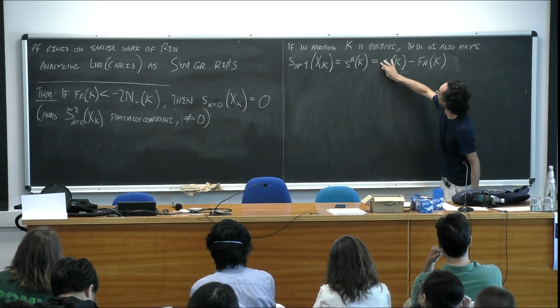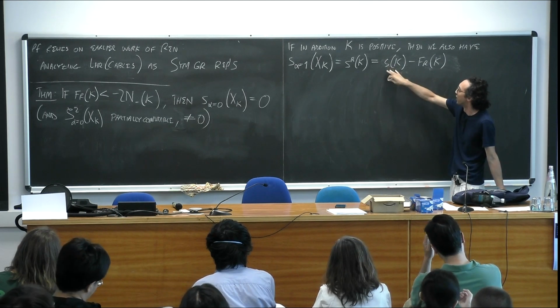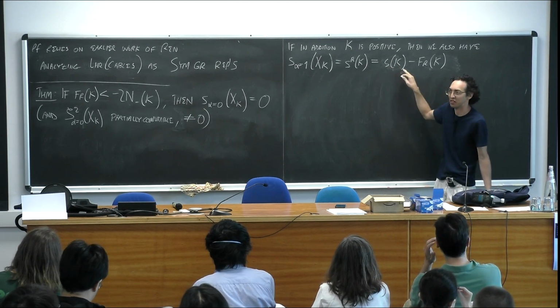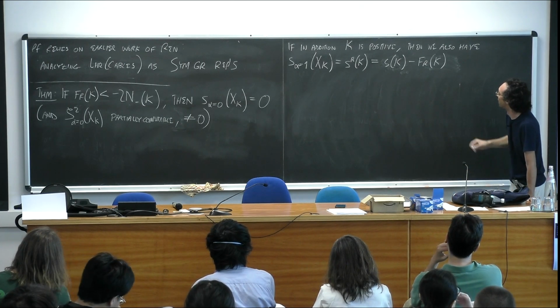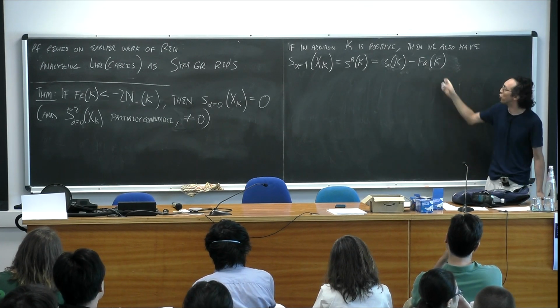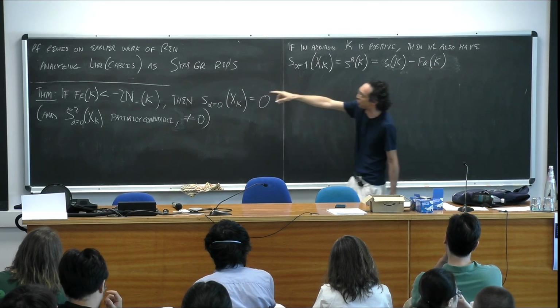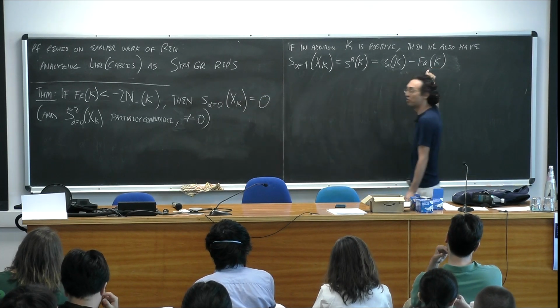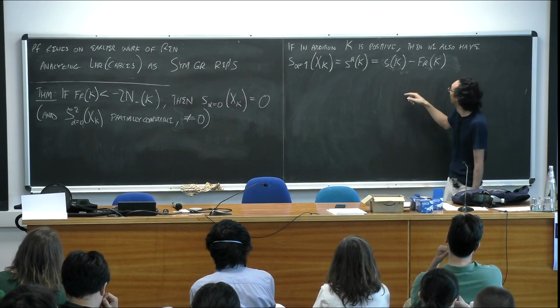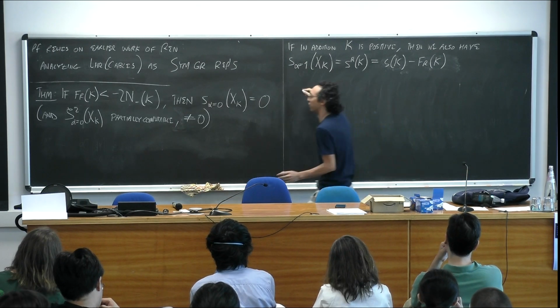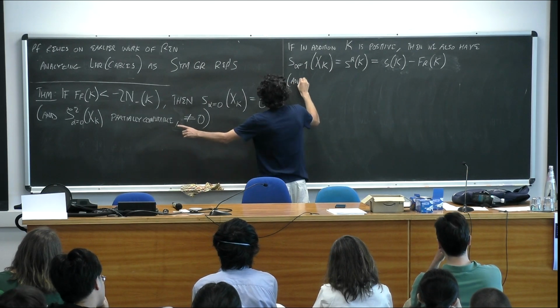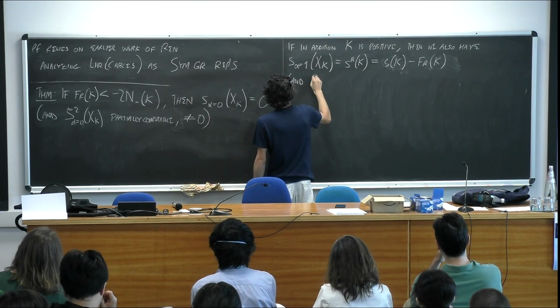If K was a link, this is minus S of minus K. And then there's always a shift by framing. But don't forget, you've assumed that the framing is negative, so this is some kind of positive shift. And the same sentence holds for alpha equals 1.